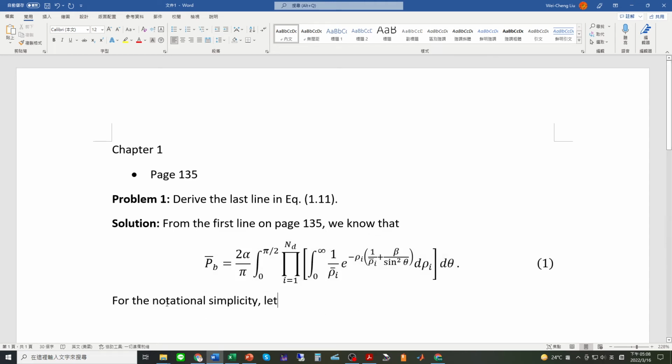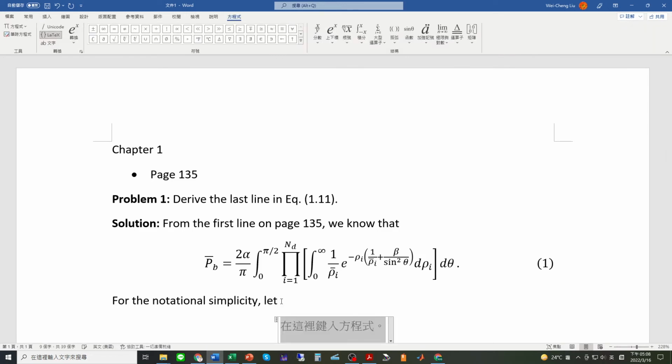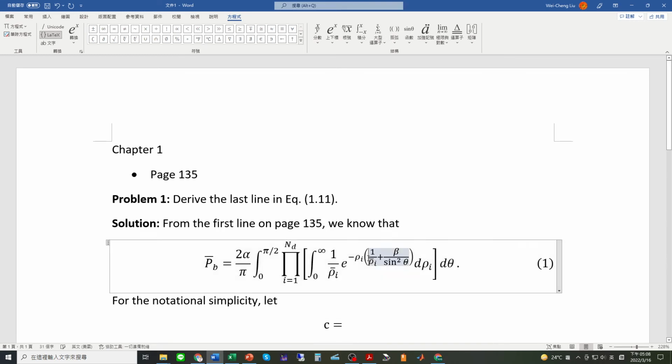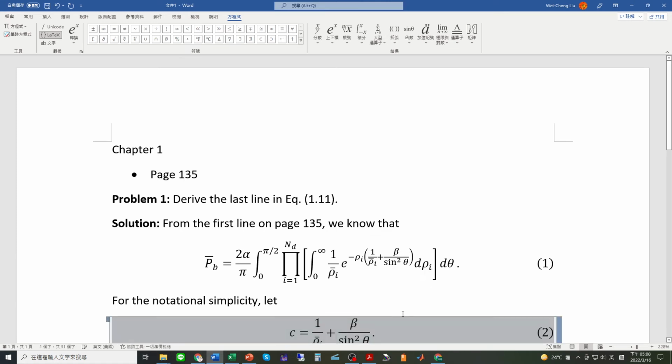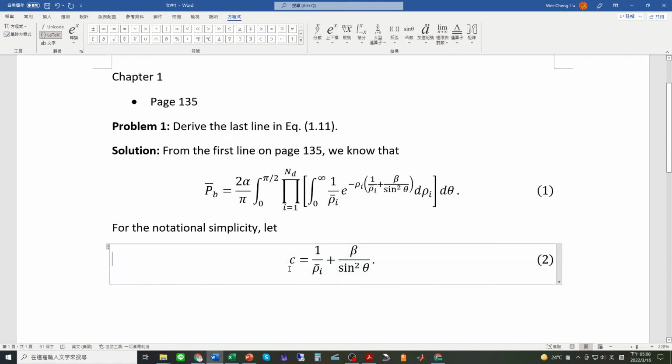Okay, for notational simplicity, let C be equal to 1 over rho bar I plus beta over sine square theta.